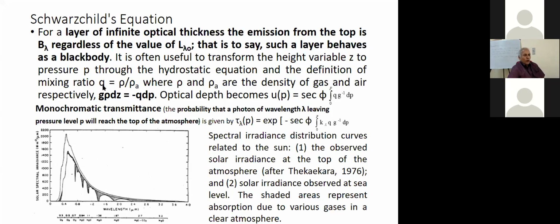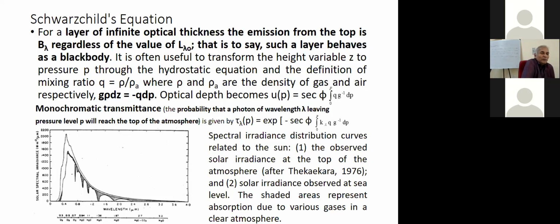If you want to know the mixing ratio of carbon dioxide, I just have to find out the carbon dioxide density and divide it by the density of the air. Then I will get an idea of the mixing ratio of carbon dioxide. We all know that the atmosphere's main constituents are nitrogen and oxygen.